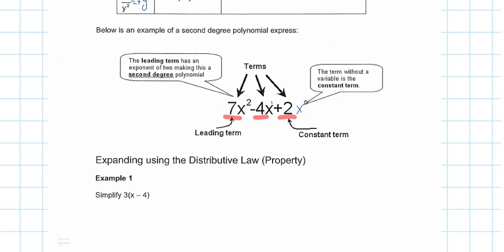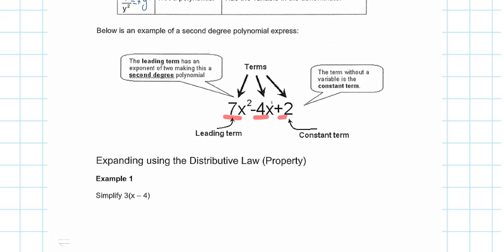Because x to the power of 0 is 1, and we don't usually write that, okay? But technically, there is an x that has a power of 0. We ignore it.